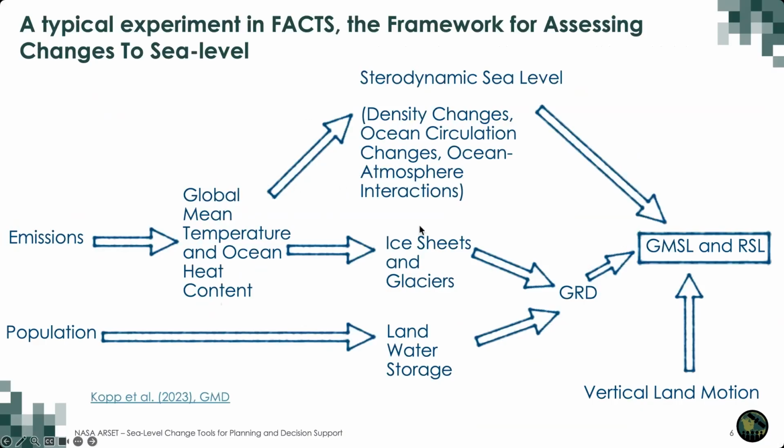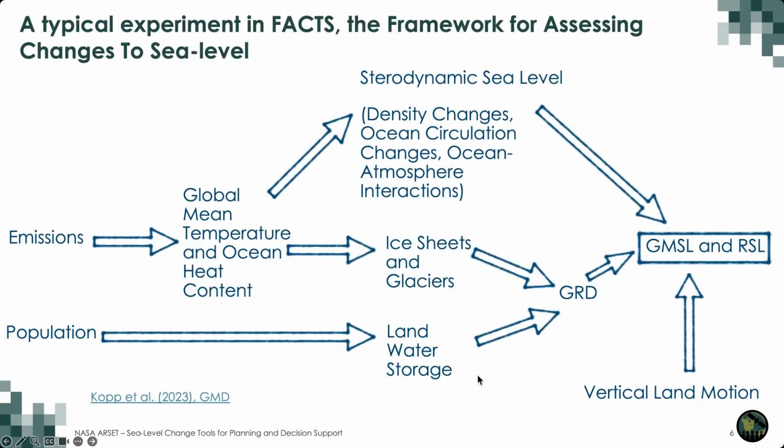And then those sets of processes that involve ice on land, modeling the behavior of ice sheets, modeling the behavior of mountain glaciers. And then there's another set of processes, the land water storage, that are not driven directly by climate, but are driven by population changes. So these are the human-caused drivers of changes in land water storage, like dam construction and groundwater pumping.